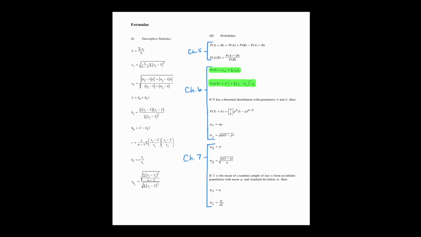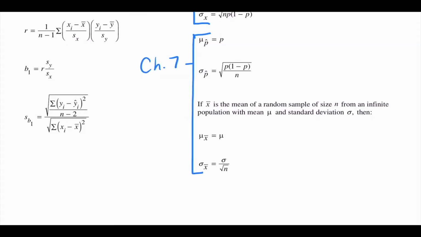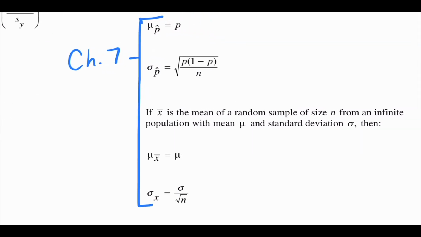So your formula sheet from last semester. The front side we use mainly for first semester. But there are some stuff in here, the bottom right here. These four things, right?